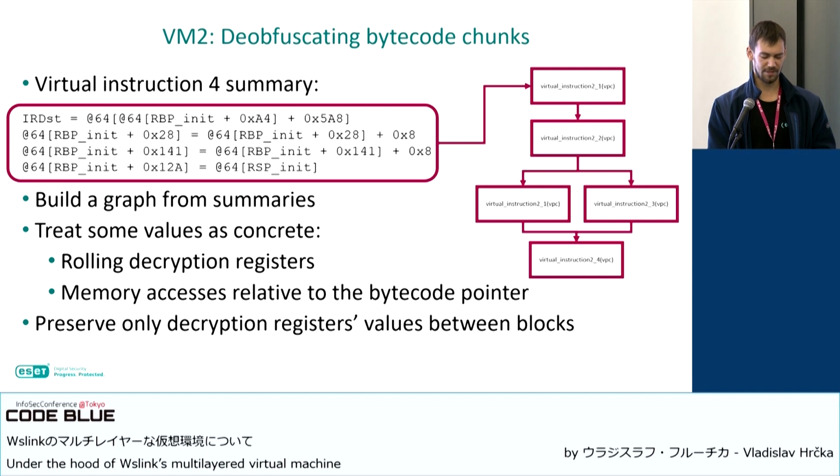And we preserve only decryption register values between blocks, to have the actual value that is supposed to be inside of the registers at the time of execution of that particular instruction.